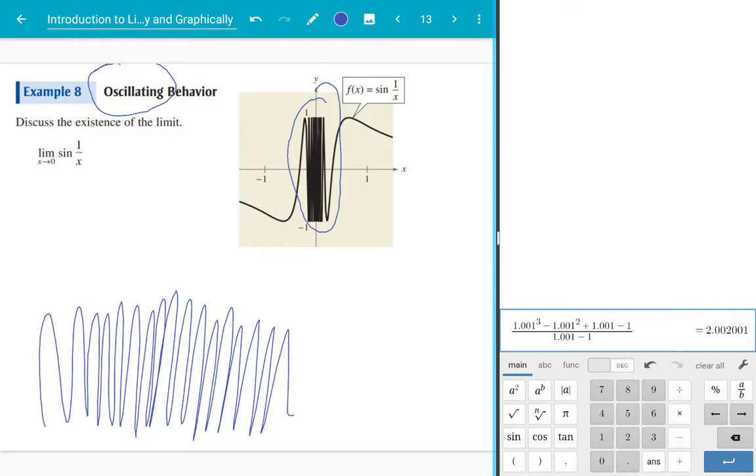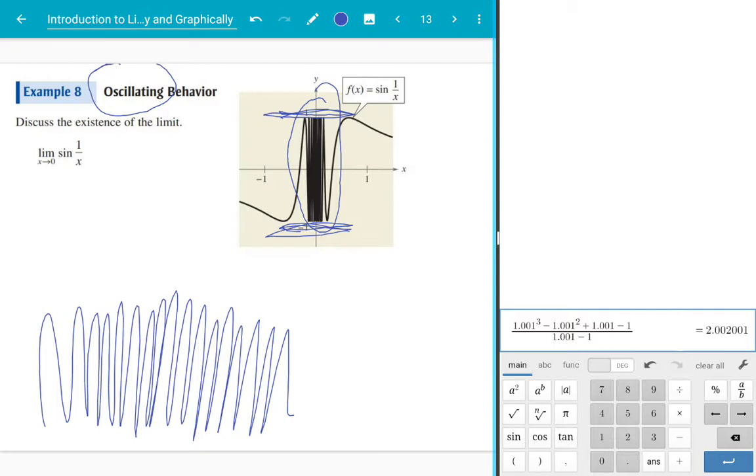Now, the tricky part is that we know the function is going to be contained between +1 and -1. The only problem is that because it's oscillating so much near 0, we don't know exactly what's going to happen at 0. So we can't even calculate what's going to happen on the left and right hand side.